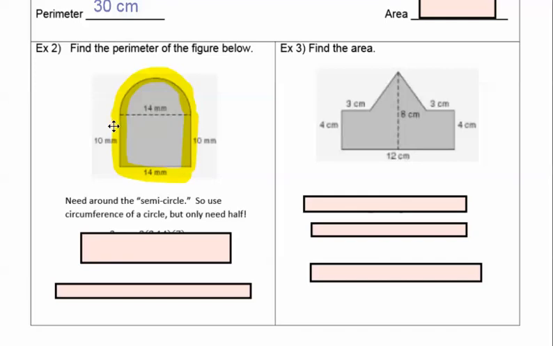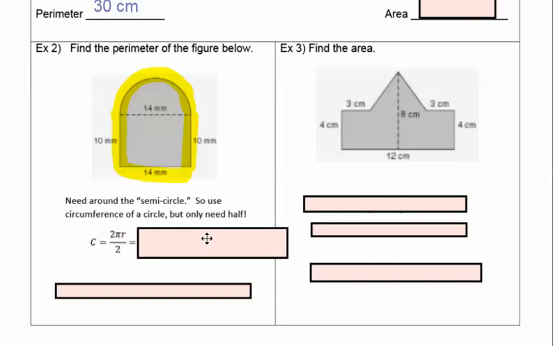So now notice, it's going to be 10 plus 14 plus 10, but then we also need around this guy. And again, when we talk about around or perimeter of a circle, it's circumference, but this is only half. It's half a circle or a semicircle. So when we do our formula for circumference of a circle, we're going to divide by 2.